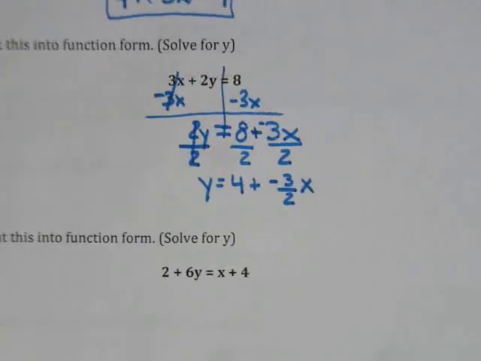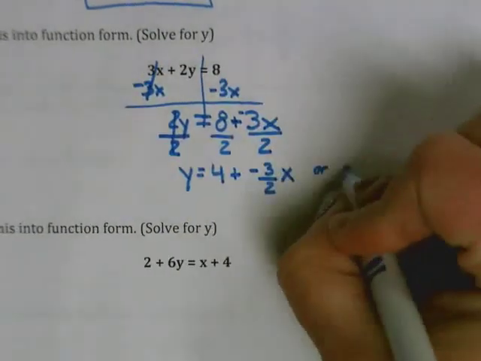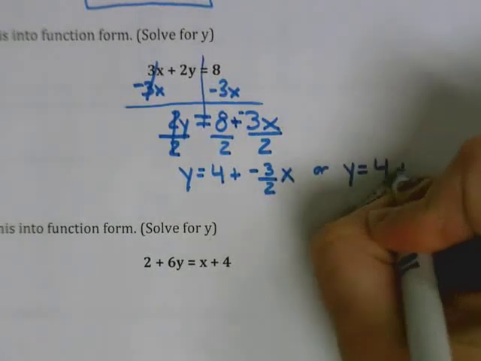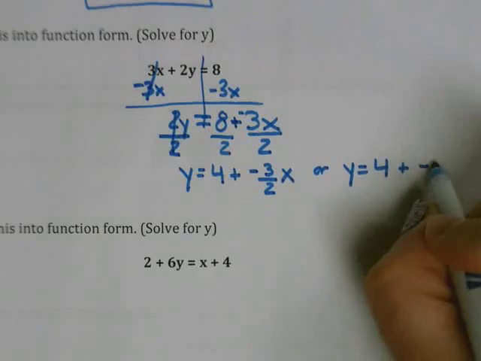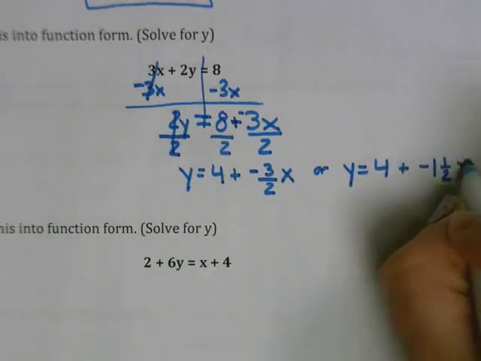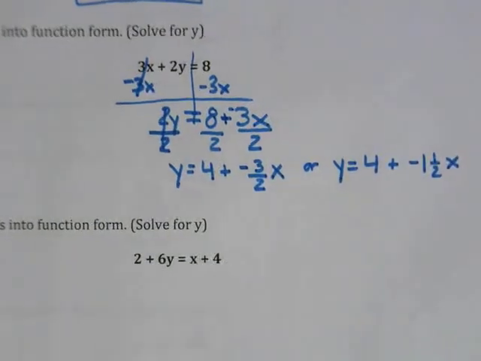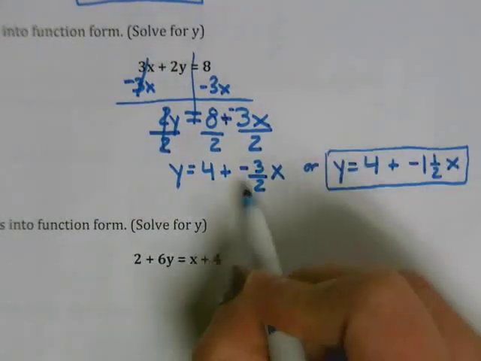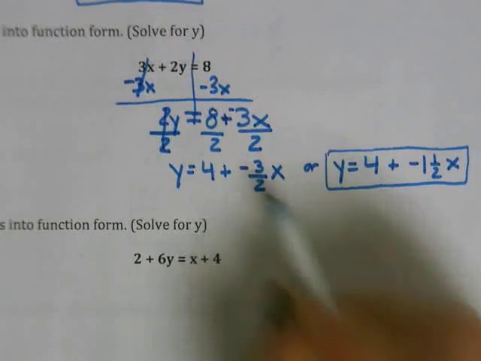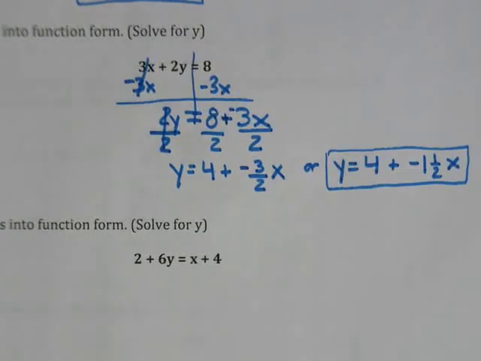Or I could simplify that a little bit more, and I could say, well, that's the same thing as 4 plus, what is 3 halves? Isn't it 1 1/2? I could say plus negative 1 1/2 x. I could make that negative 1.5x if I wanted to, but that's the idea. You might not have a lovely whole number right here for some of the answers. A lot of the times we end up getting fractions.